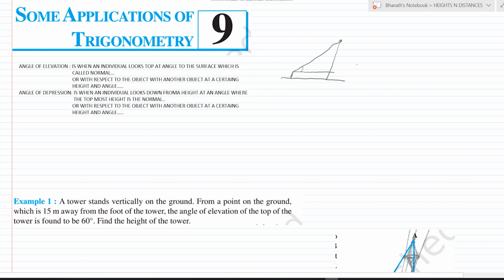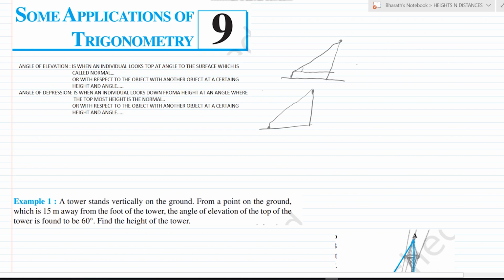Fine. And angle of depression is when an individual looks down from a height at an angle, where the topmost height is the normal, with respect to an object at a certain height and angle. Like there is a height and we stand somewhere and we are looking at some object over here.